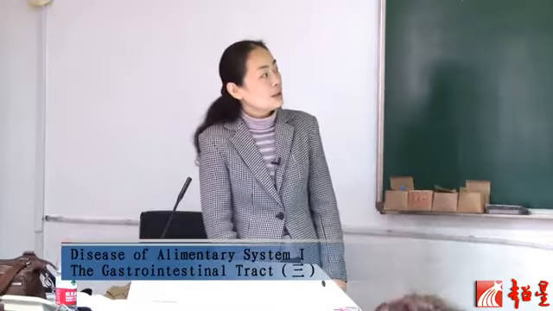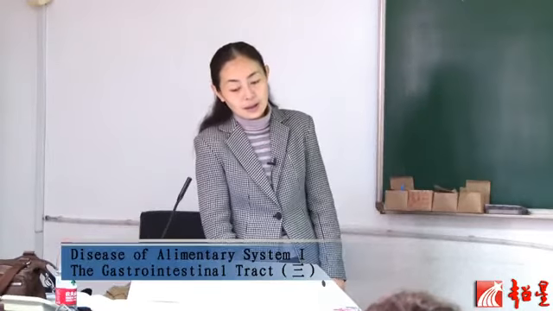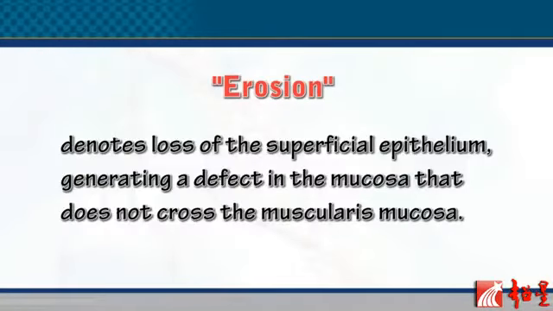But for severe mucosal damage, erosion and hemorrhage develop. For this kind of severe acute gastritis, we can see the epithelial cells destroyed or all the epithelial cells lost, and degeneration is detected in the mucosa.